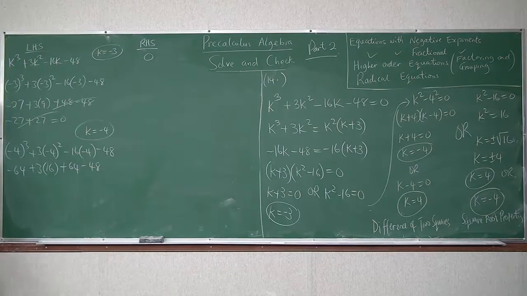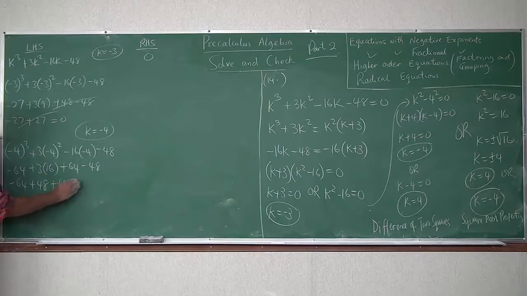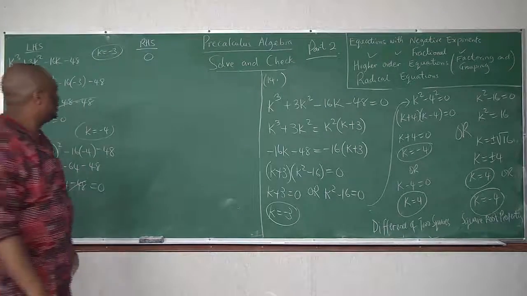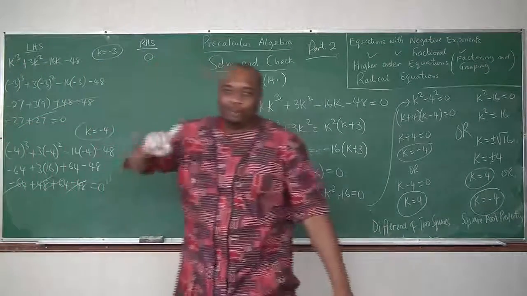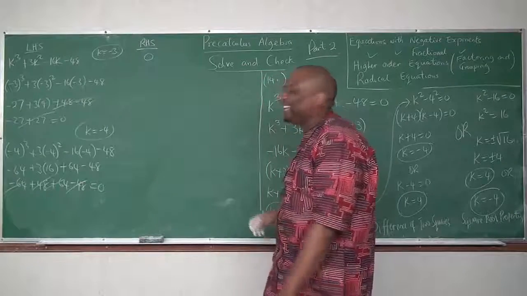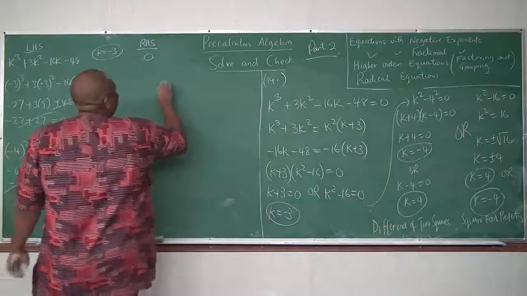And this is negative 64 plus 48 plus 64 minus 48. Bam, bam, bam, bam. Gives you 0. One more. k equal to 4.